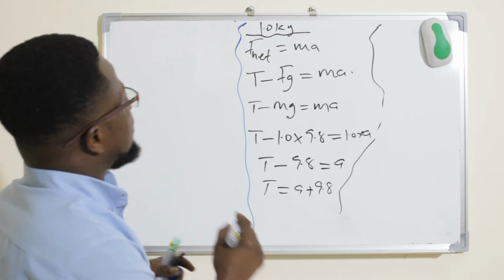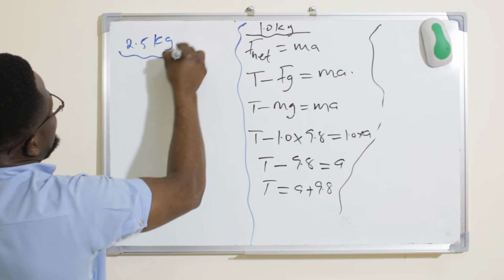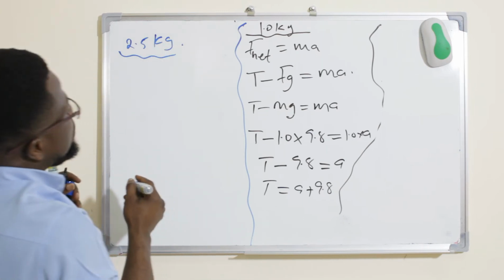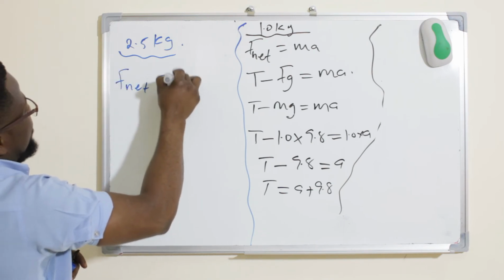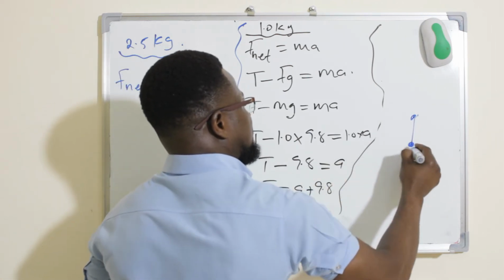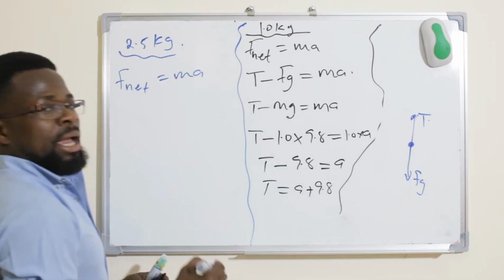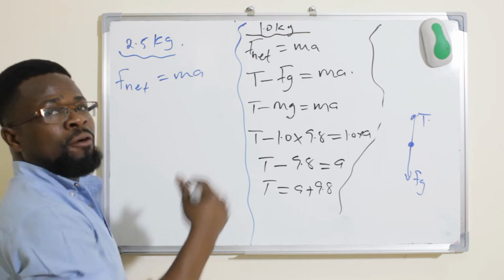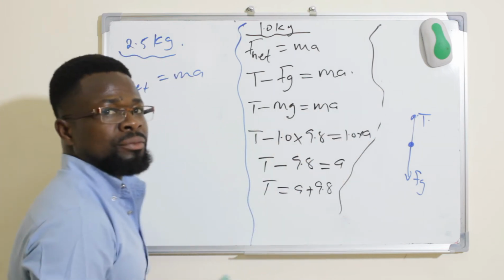Okay, now let's look at the 2.5 kg. We see that there are two forces, one up, one down. So when we look at them, our F net is equals to MA. The free body diagram is like this. And the object is going downward, so I am going to take the force going down as positive and the one going up as negative.